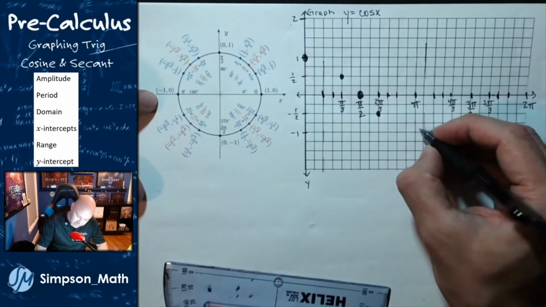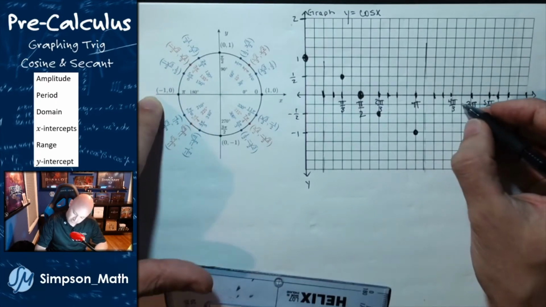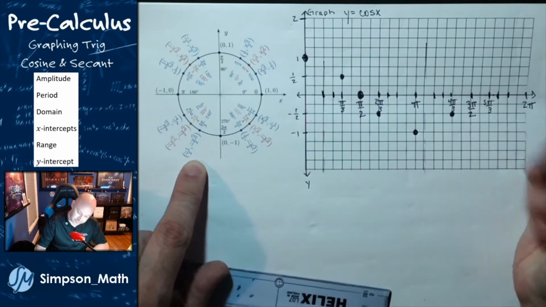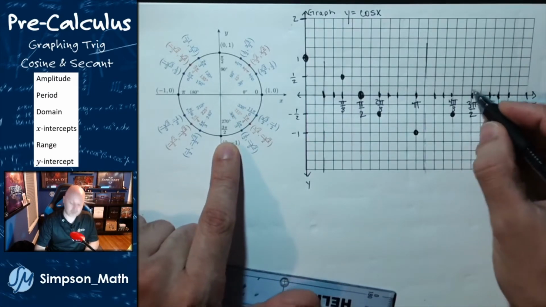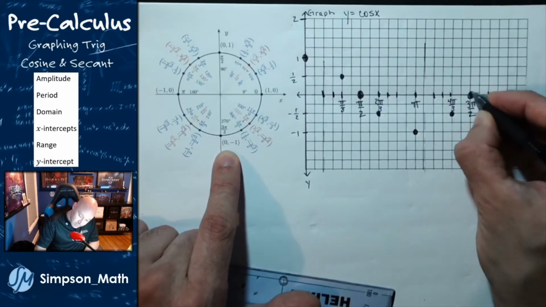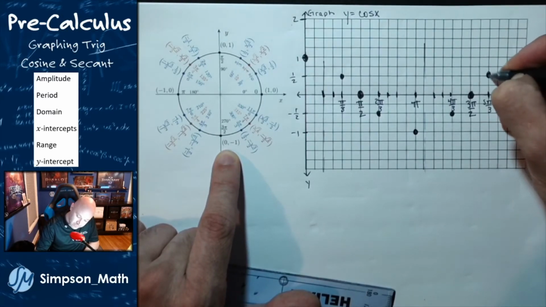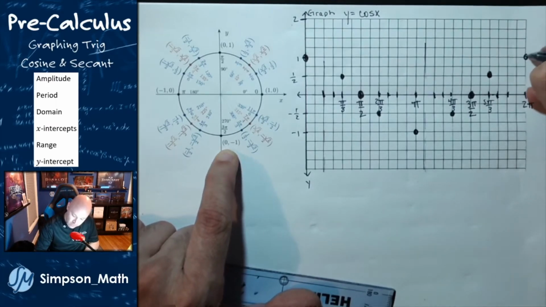Cosine maps pi to negative 1. Cosine maps 4 pi thirds to negative 1/2. If I input 3 pi halves into the cosine function, it's going to output 0. 5 pi thirds maps to 1/2. 2 pi corresponds with a y value of 1.